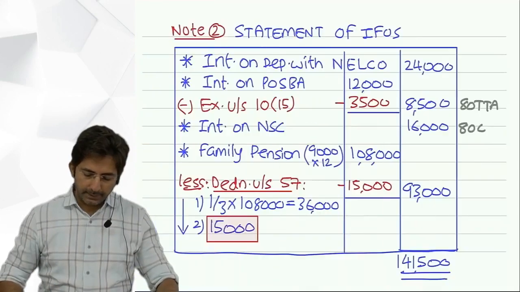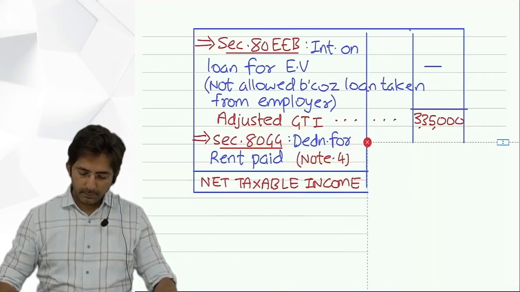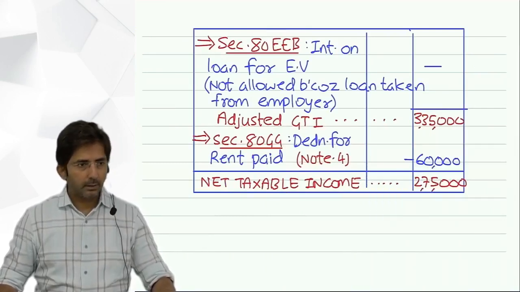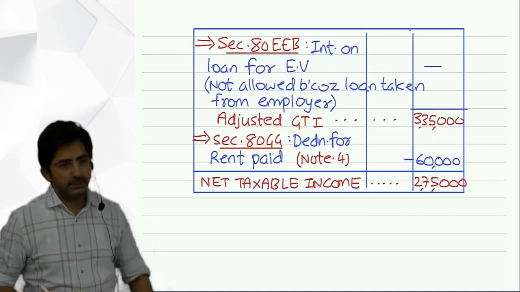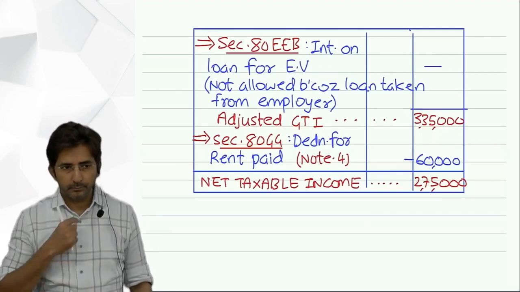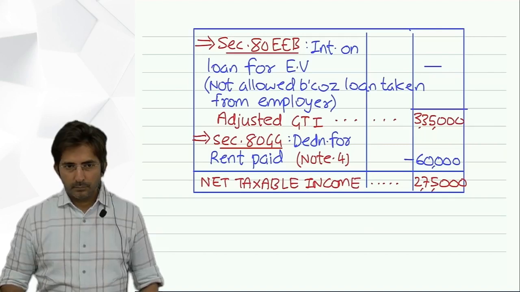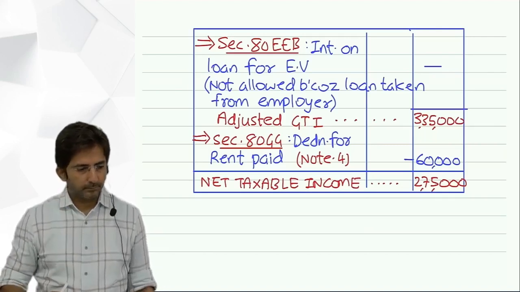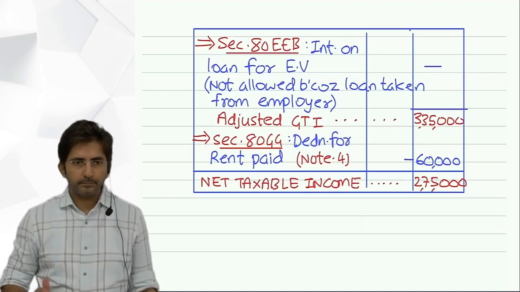Shift this to the main answer. 80GG 60,000. Done.